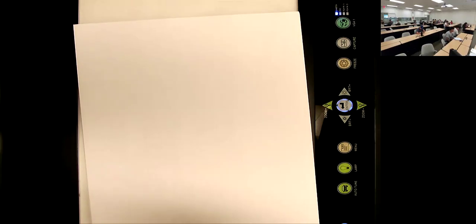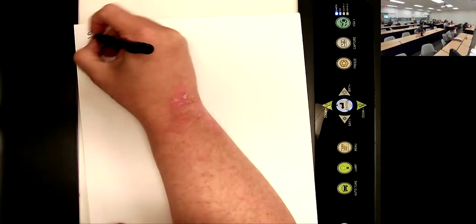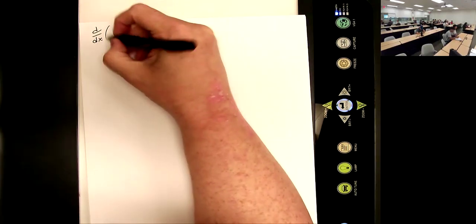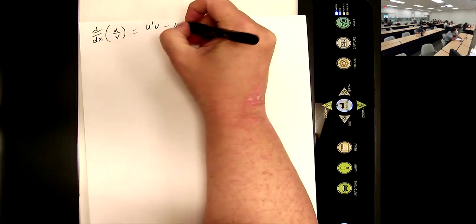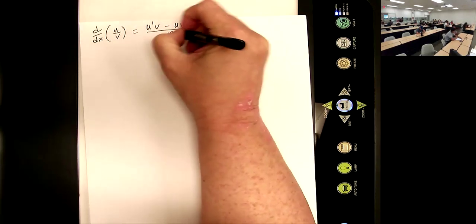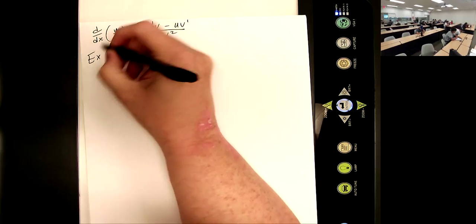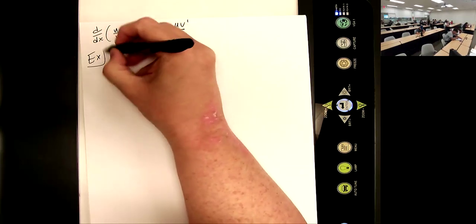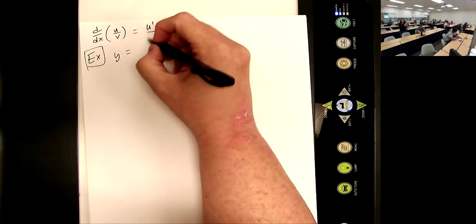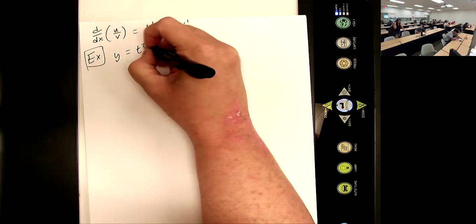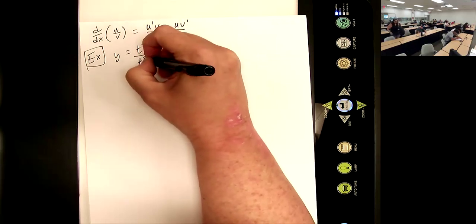Alright. So we're gonna take advantage of that. I'll rewrite it again up here, just so we have it available. And we're gonna look at taking the derivative of y equals t squared minus 1 over t cubed plus 1.